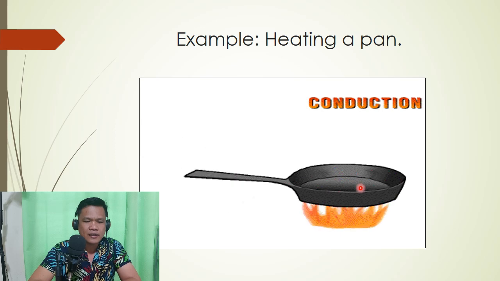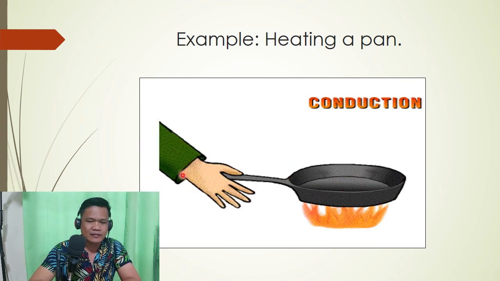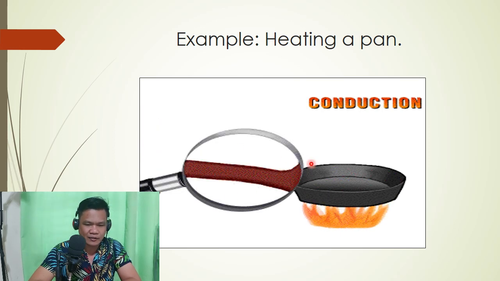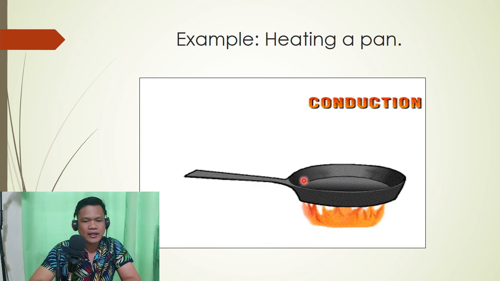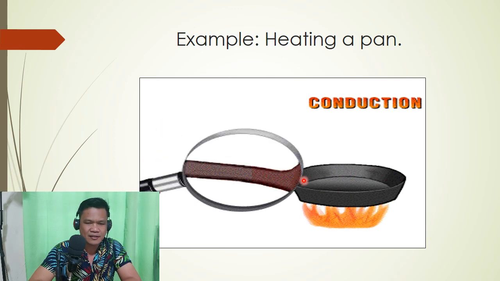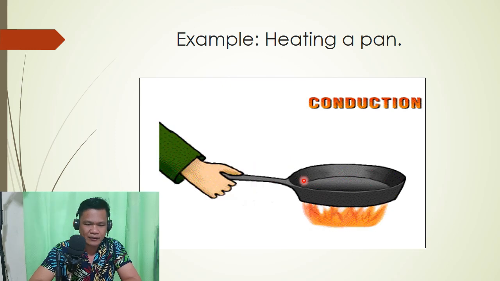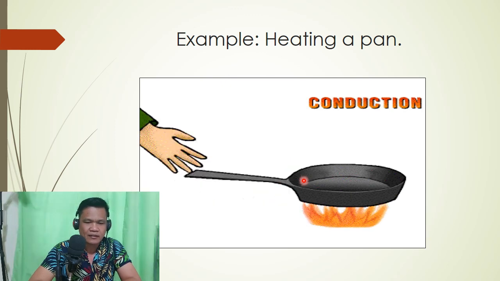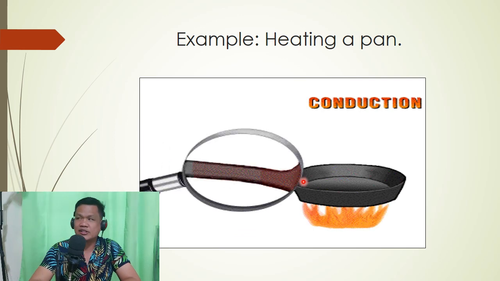And if you try to hold that metallic handle, you will observe that heat will be transferred from that handle to your hands. There is a direct contact between the pan and your hand. Thereby, it is called conduction.